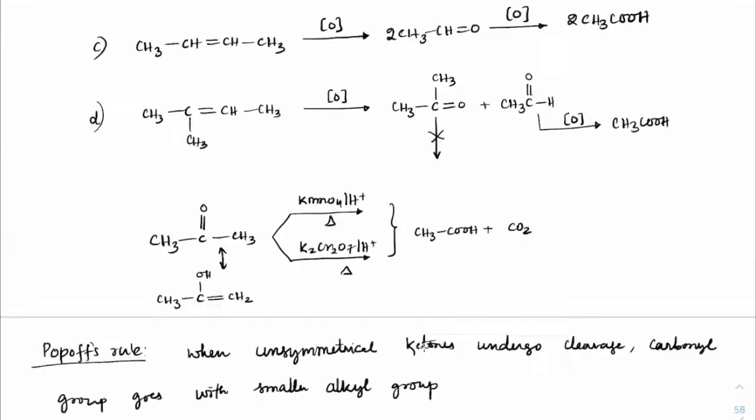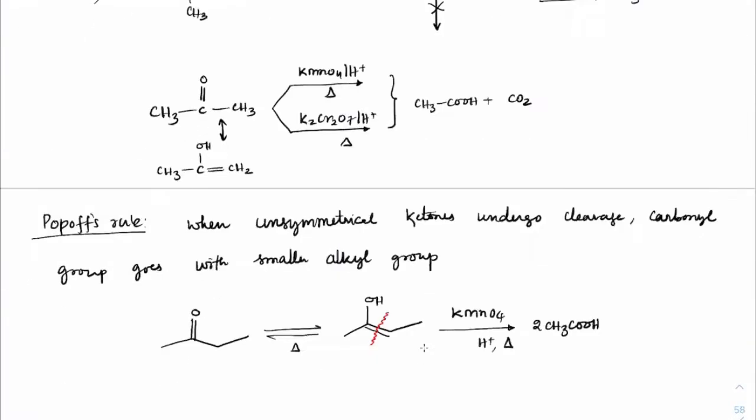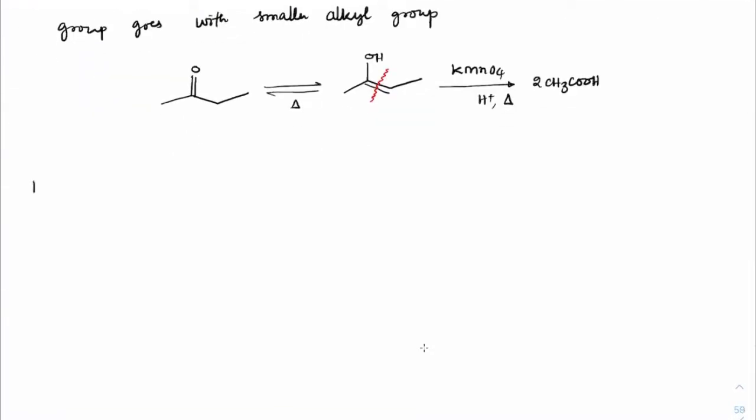Next oxidation. This is the first oxidation we have done, right? Yeah, first one. See the second oxidation. The second one is actually not in this chapter, but it would be useful for us here. That is periodic acid oxidation, which is typically HIO4 oxidation.